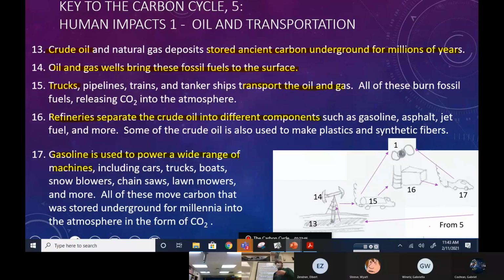We can use it in a jet ski. We can use it in a snowmobile, in a lawnmower. All these things are moving carbon that was once stored underground into the atmosphere. Taking that carbon that had been underground for so long, moving it into the air.